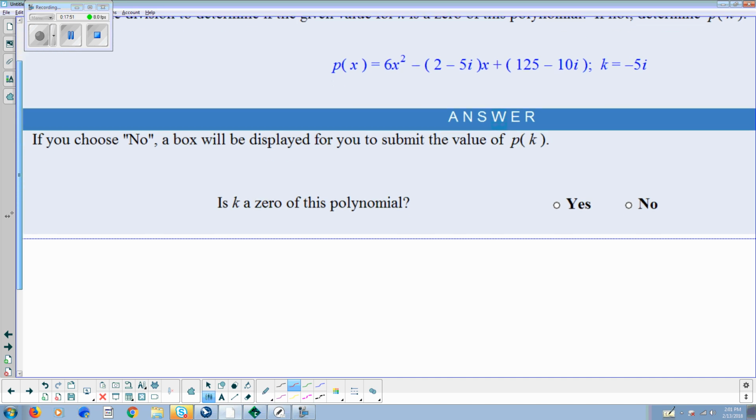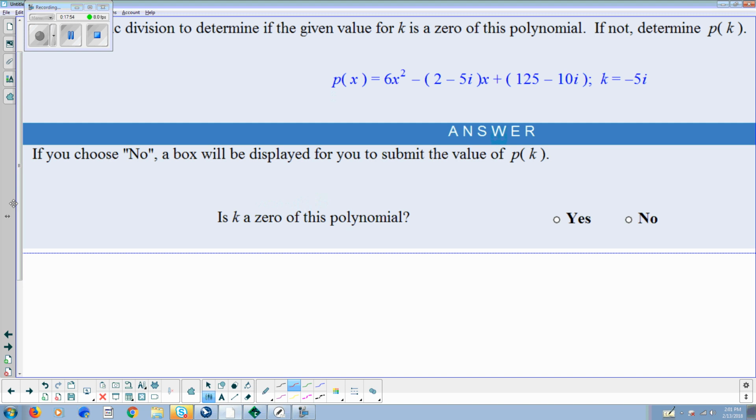So using synthetic division, it's asking if negative 5i is a 0. Negative 5i, in using synthetic division, is going to become what we call the multiplier. It goes in a little backwards L. The polynomial, we want to make sure the terms are in descending order, and we're going to write the coefficients of the polynomial. So my first coefficient in front of x squared is 6. My coefficient in front of x is the entire term 2 minus 5i with a negative in front of it.